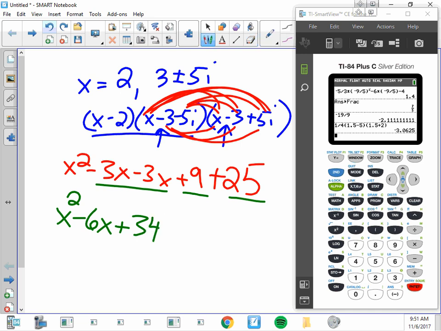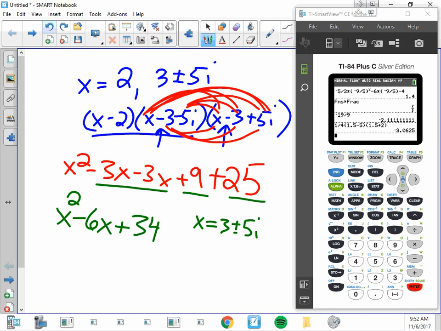Now, what do complex roots tell me? If I have the equation x squared minus 6x plus 34, and I know that the roots are 3 plus or minus 5i, good. Because the roots are complex, we know that the graph doesn't touch the x-axis.